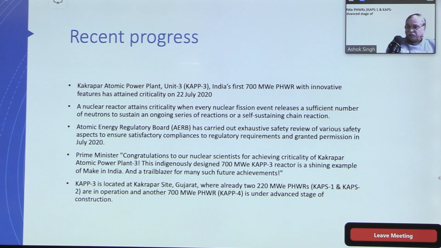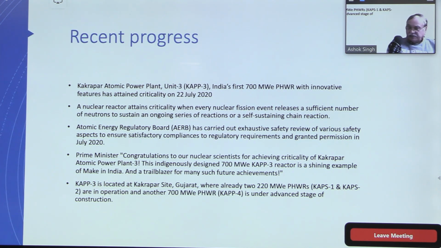The highest capacity was 540 before this, Indian designed. And these were not very efficient, the earlier designs. This is the Indian designed 700 megawatt PHWR. Higher efficiency, of course, higher capacity also. That's why this is a significant achievement. The Indian design working well.